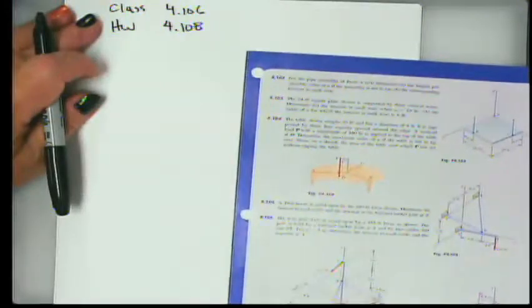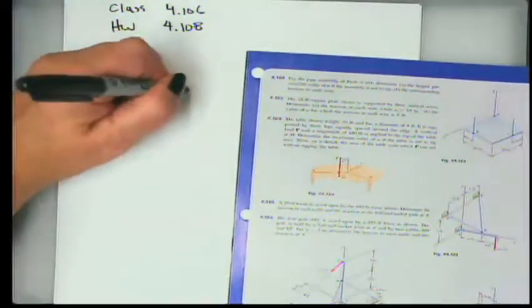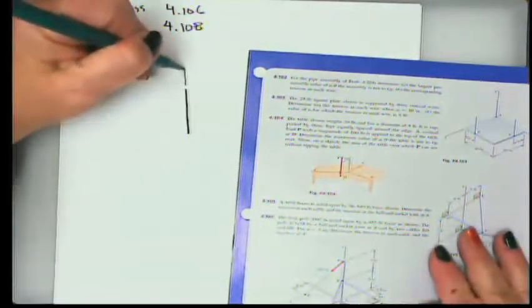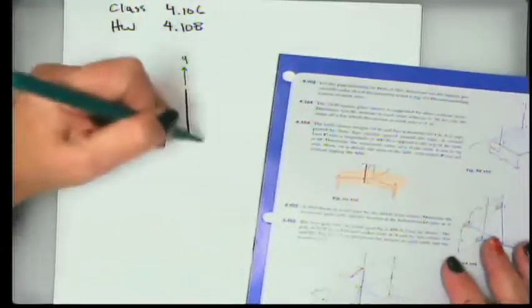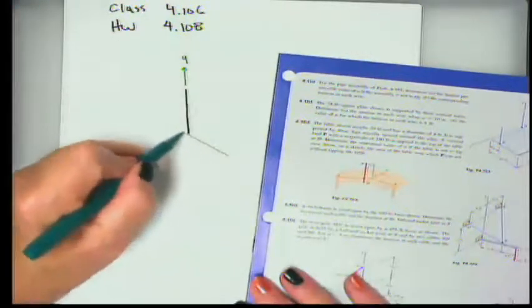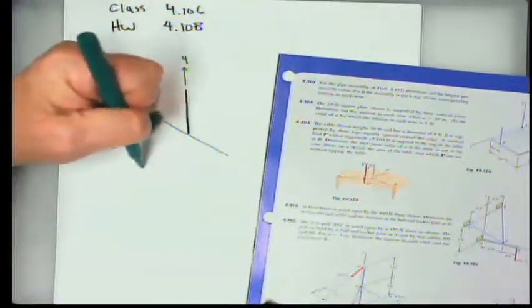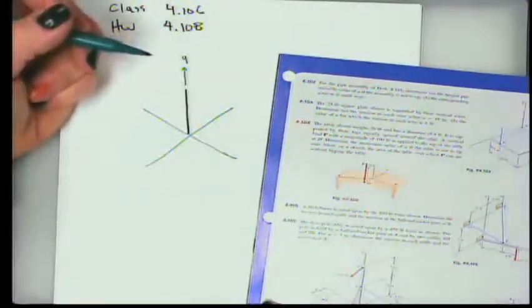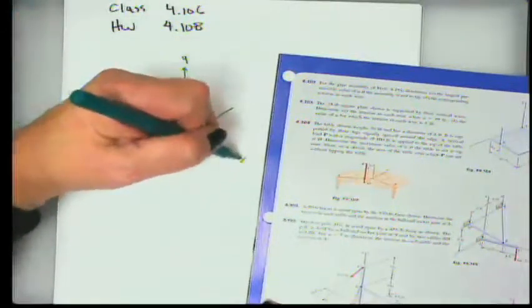All right, so if we look at problem 4.106, we have a pole that we're told is 6 meters tall, and on this drawing, the y-axis is straight up, and the x-axis and the z-axis, neither one of them is drawn flush to horizontal or vertical.